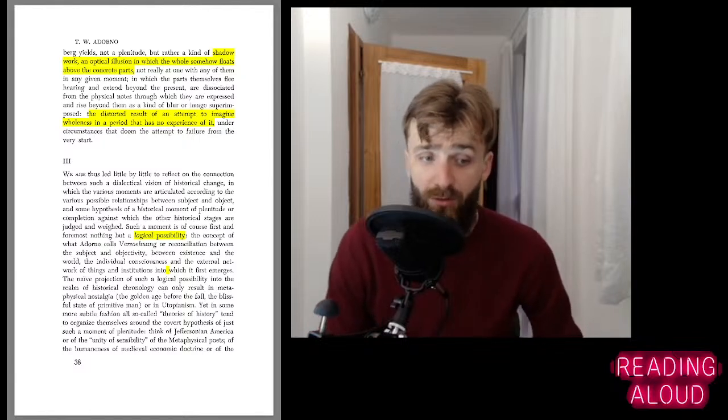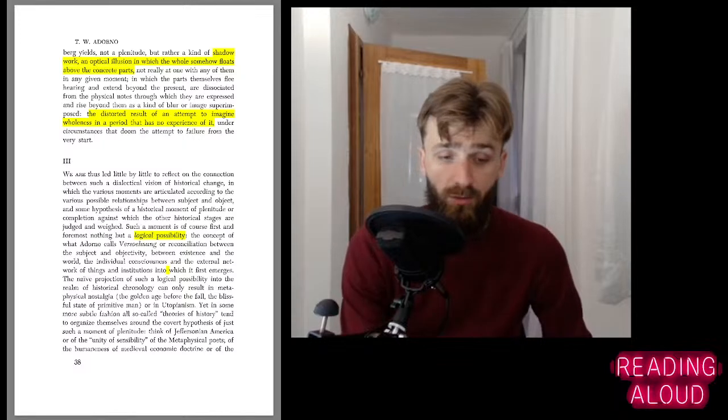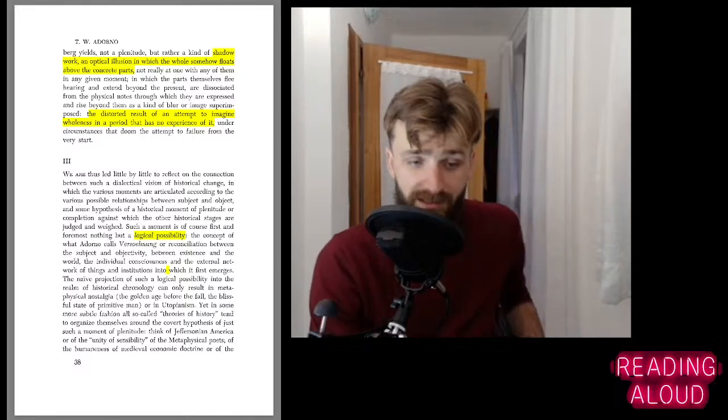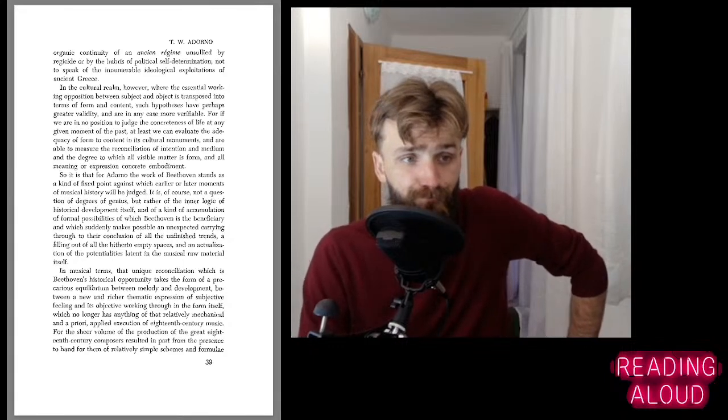Think of Jeffersonian America, or of the unity of sensibility of the metaphysical poets, of the humaneness of medieval economic doctrine, or of the organic continuity of an ancient regime unsullied by regicide or by the hubris of political self-determination, not to speak of the innumerable ideological exploitations of ancient Greece.